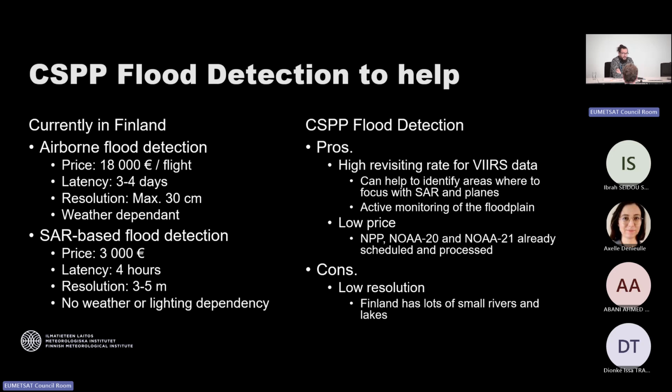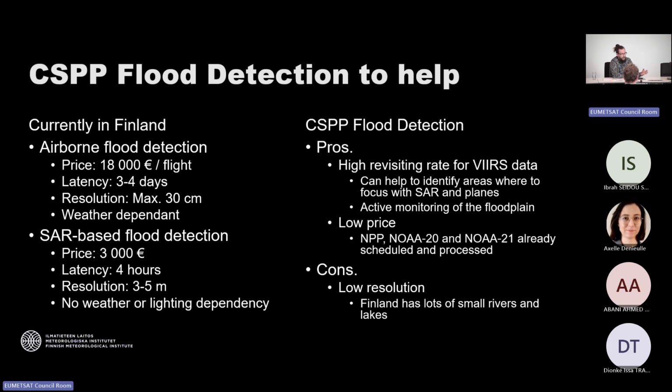But I'm hoping that the CSPP flood detection could help us for the satellite-based flood monitoring, because there is such a high revisit rate for the VIIRS data, so we can get lots of data from Finland, even if the resolution is not so accurate or high with the optical images.